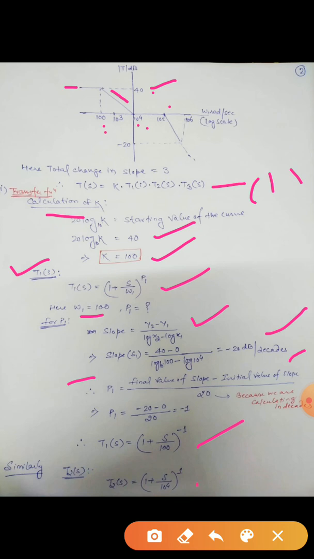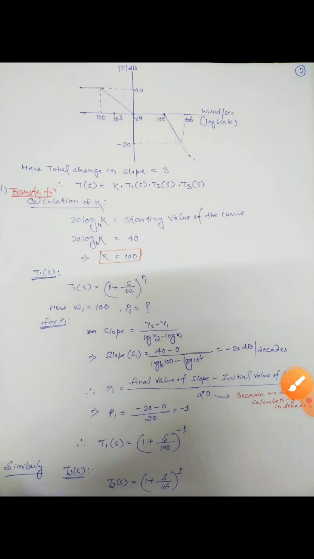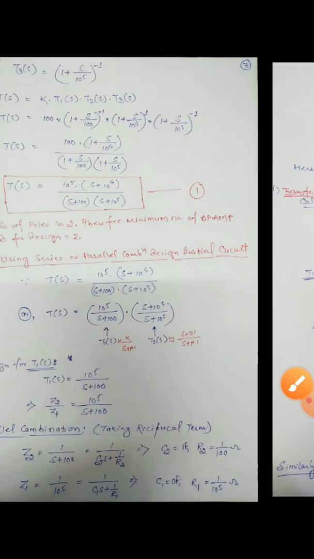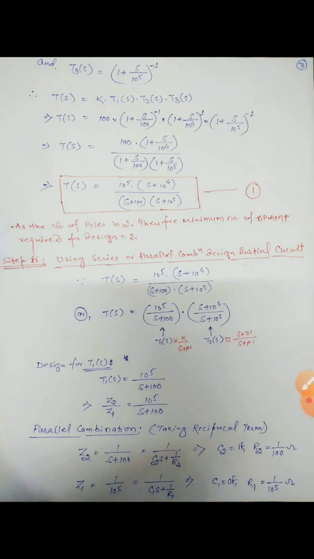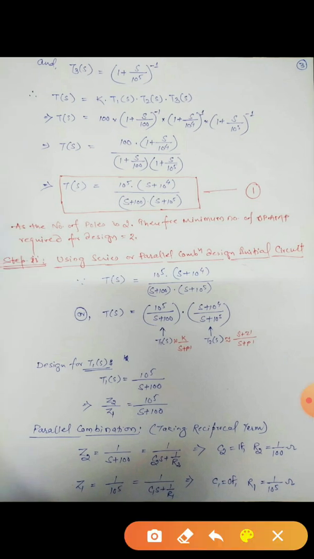Similarly, we can calculate the value of T2 of s. The final value would be 1 plus s by 10 to the power 4 to the power 1. Then T3 of s will be equal to 1 plus s by 10 to the power 5 to the power minus 1.